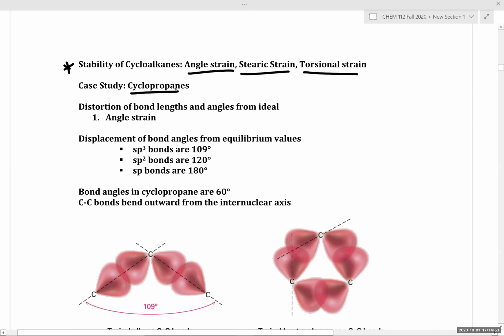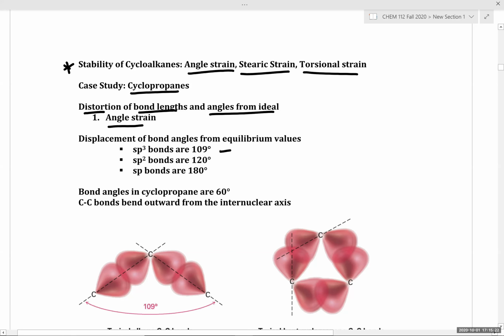So the first factor that influences cycloalkane stability is what is known as angle strain. Now, what is angle strain? It can most simply be defined as the distortion of bond lengths and angles from our ideal bond length and angle. And we call this phenomenon angle strain.